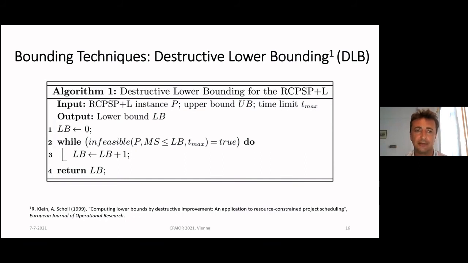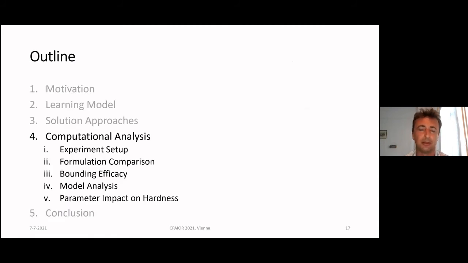It is effective for RCPSPs, and it is an iterative procedure in which we try to prove that a certain lower bound can be destructed or not. I'm not going into the details here. Basically, it requires the sequential solution of constraint programming formulations to detect infeasibility. This is the basic principle.